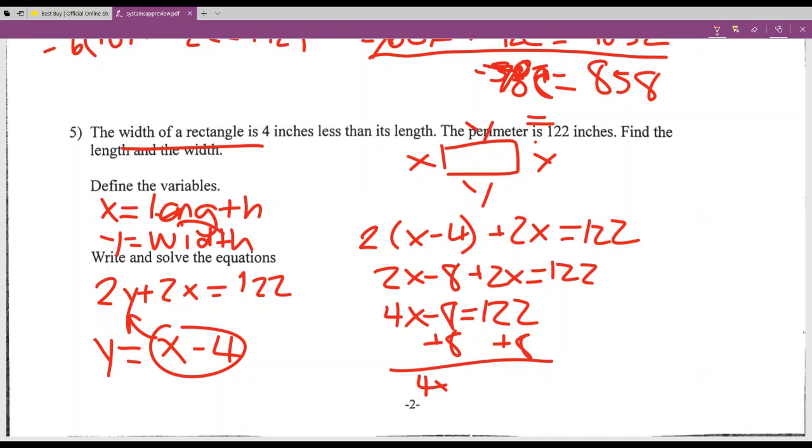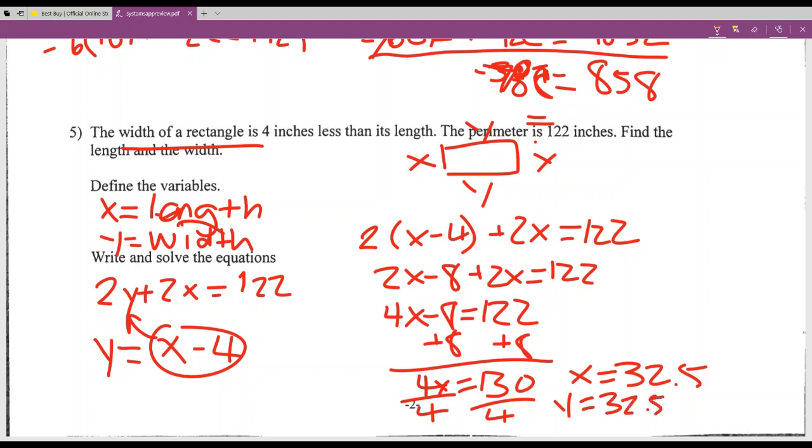Give 4X equals 130. And divide by 4. So 130 divided by 4 is 32.5. So to find Y, you plug it in. So you got Y equals 32.5 minus 4, which is 28.5.